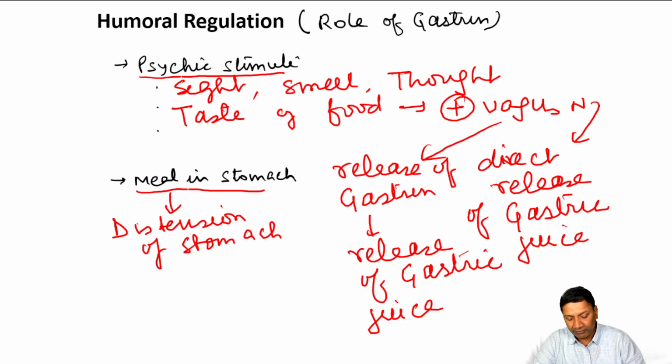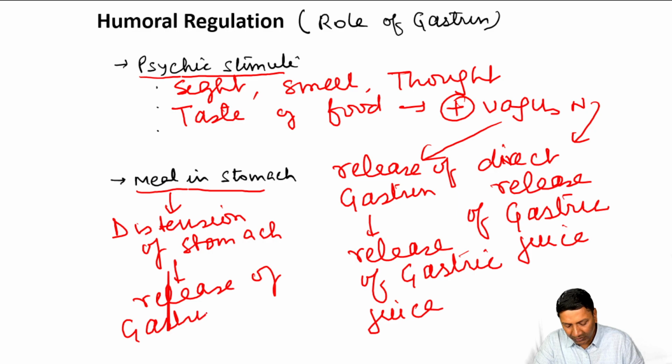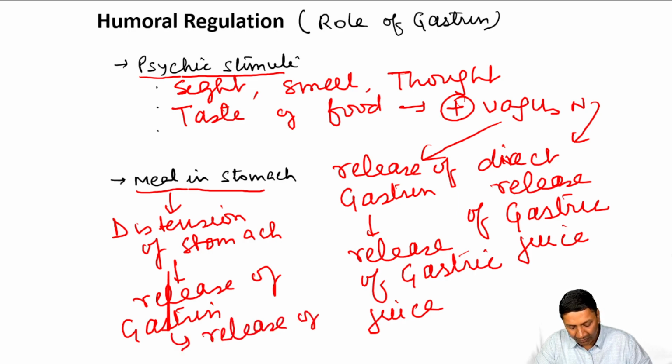And this distension of the stomach will lead to release of gastrin by the G cells. And what will this release of gastrin lead to? It will lead to release of the gastric juice.